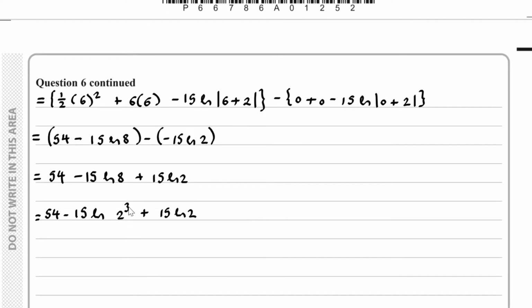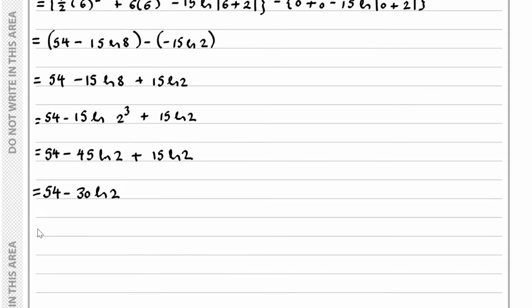And if we power-slide this 3 to the front, we have 54 minus 15 times 3, which is 45. So we have minus 45 times the natural log of 2 plus 15 times the natural log of 2. Tidying all this up, we have 54 minus 30 times the natural log of 2. In conclusion, a is equal to 54, b is equal to minus 30.